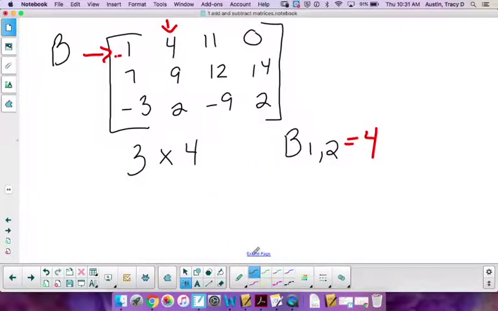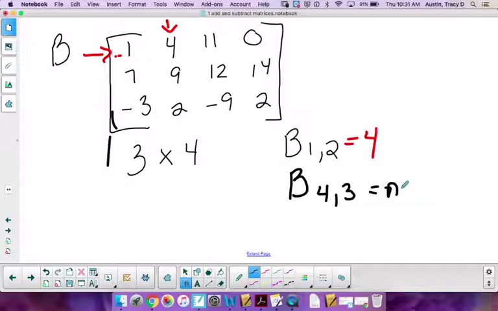Now, tricky question. What if I said something like that? Matrix B, and I want the element that's in row 4, column 3. Well, that's a problem. There doesn't seem to be a row 4.